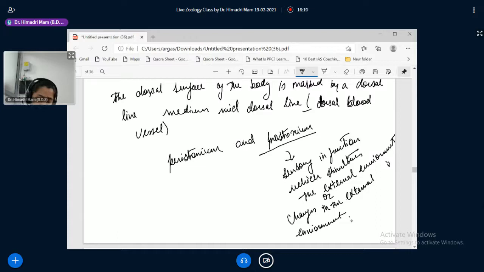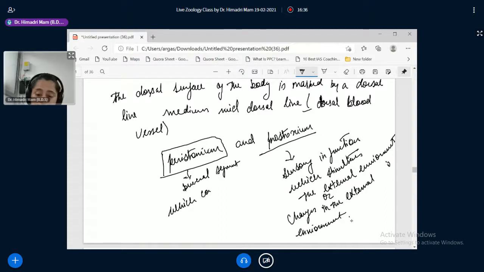Get it? Now the first segment, that is the peristomium, has a buccal segment which contains the mouth.